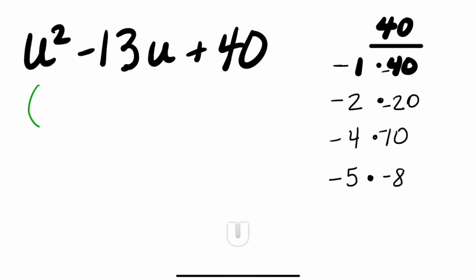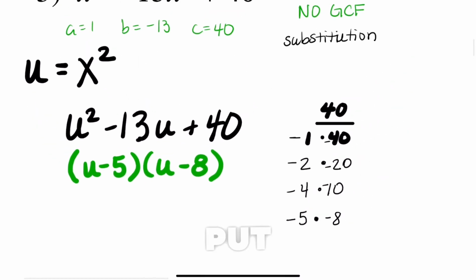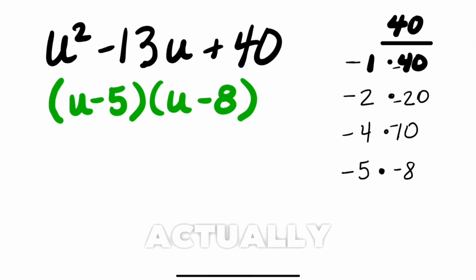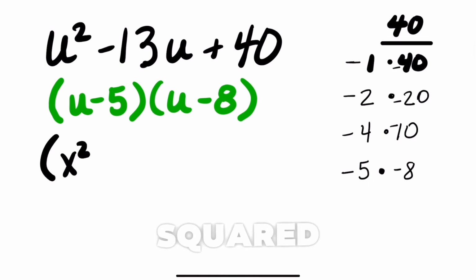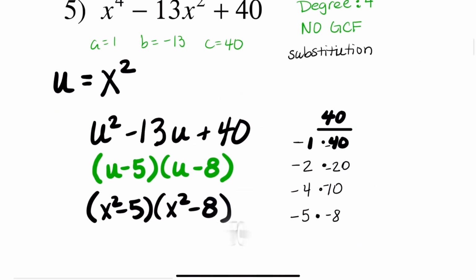We have u will be factoring as u minus 5, u minus 8, because negative 5 minus 8 is negative 13. Okay? And then last but not least, you need to replace u and put back x squared. So this is actually going to be written as x squared minus 5 and x squared minus 8, since u was equal to x squared.